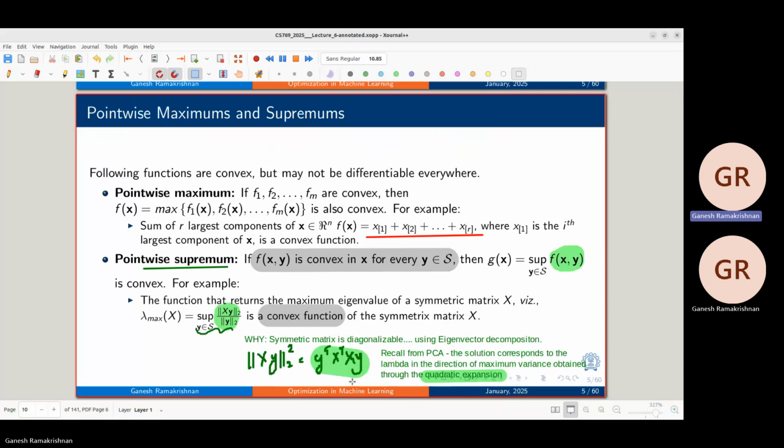Therefore, you would expect all the other y components to go to 0, and only the component in the direction of the maximum eigenvector to survive. So that's the reason we expect this value to be the maximum eigenvalue. Okay, is this intuition clear?